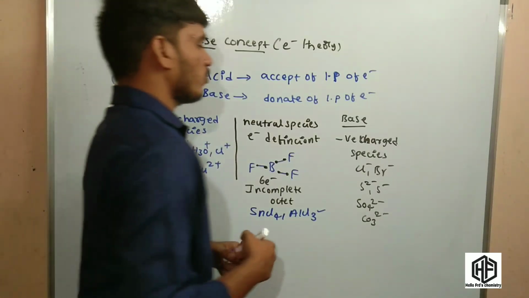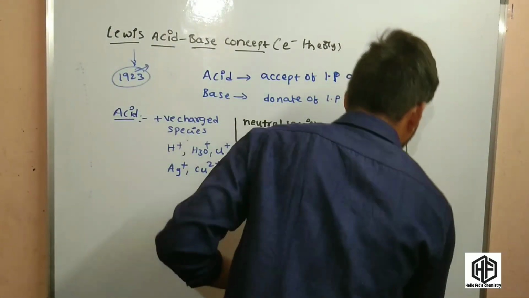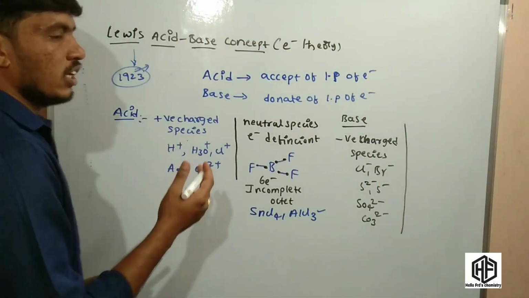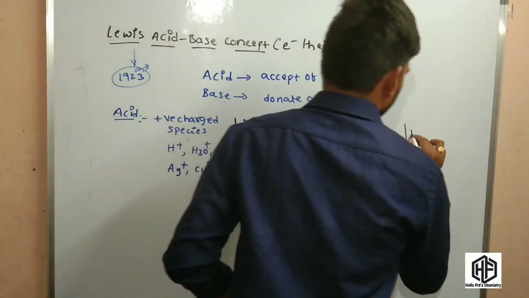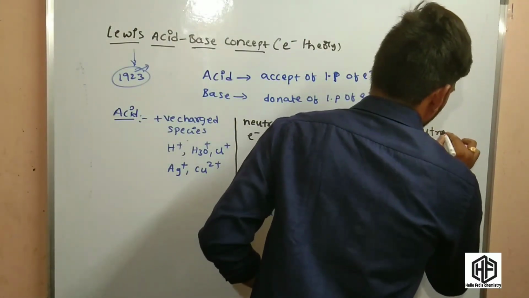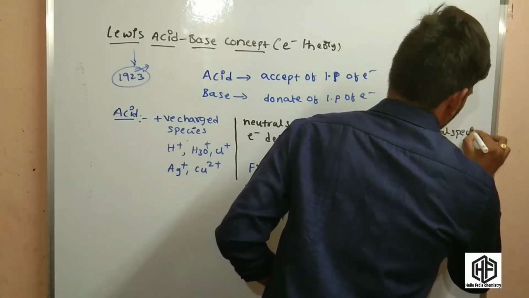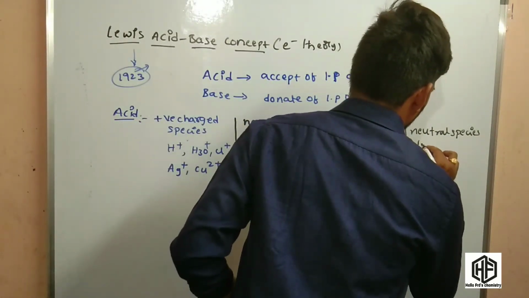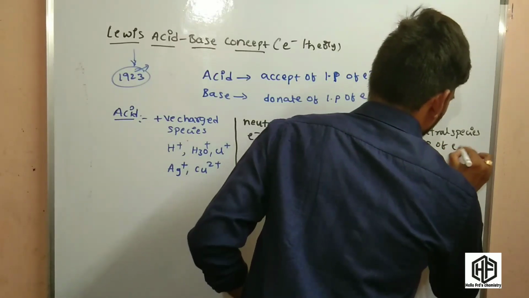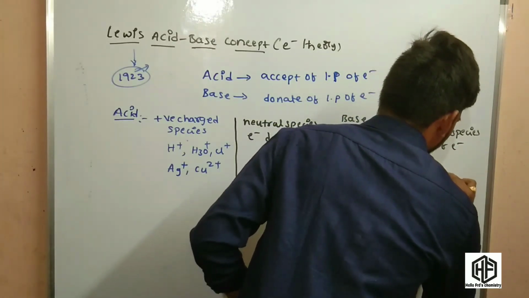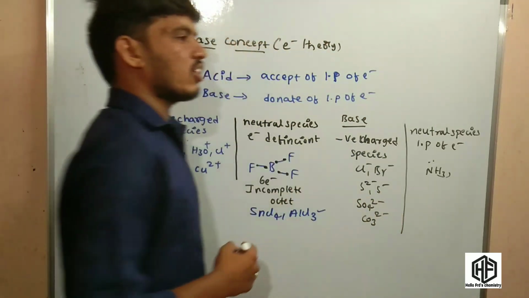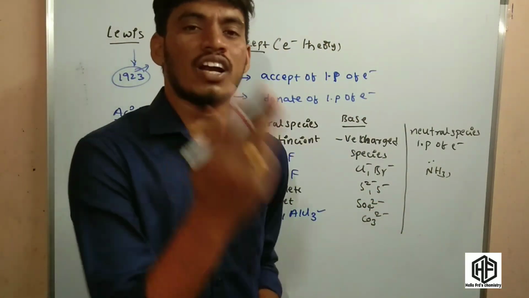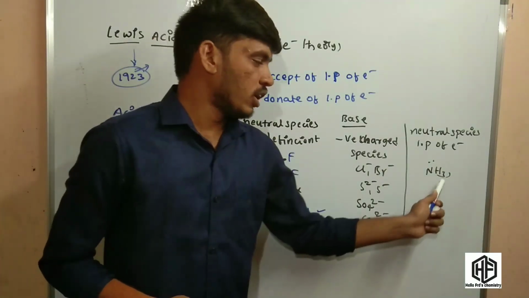And neutral species of Lewis bases have a lone pair of electrons present, for example NH3. NH3 has a lone pair of electrons, and it acts as a Lewis base because the lone pair is donated by this species.